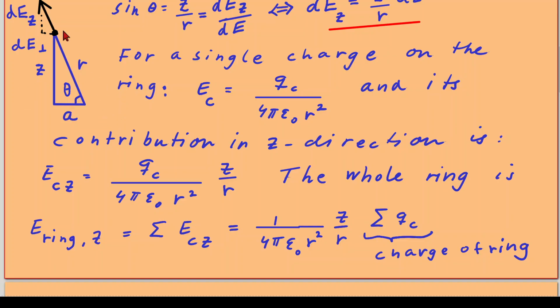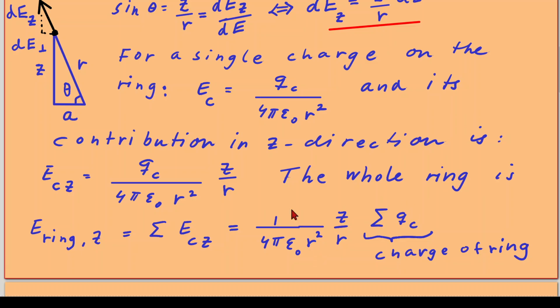When you sum, it will not change, and all will have theta, so it will not change. So c over r is the same, and the height c is of course the same all the time. So the sum of the fields will just be the sum of the charges, because that's a constant.